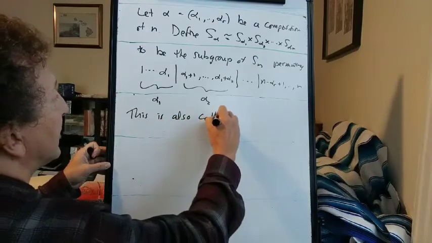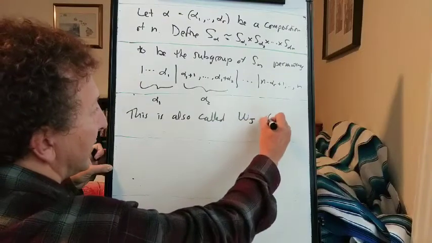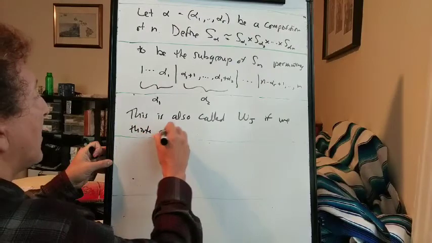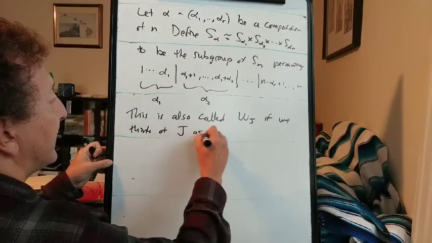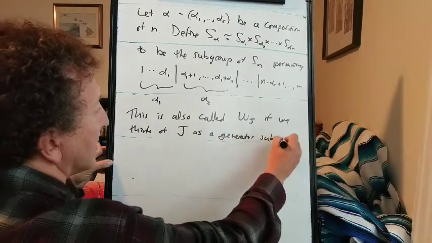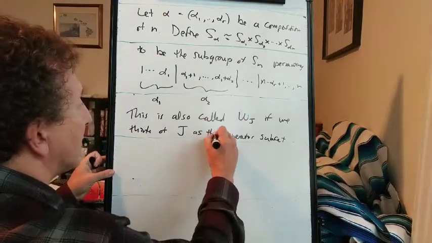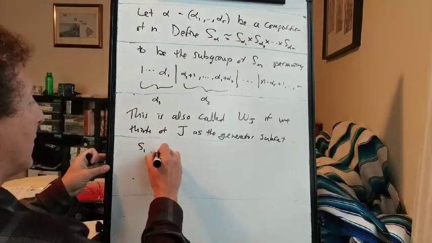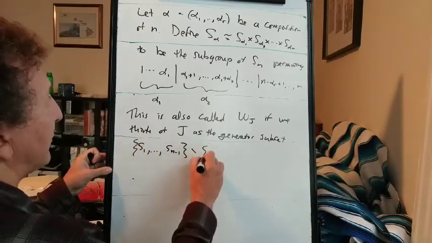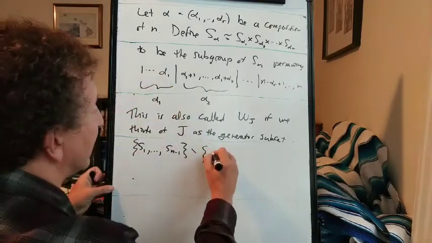This is also called, and probably more often, W sub J, if we think of J as a generator subset, in particular as the generator subset of all of the generators except for the alpha 1 generator, since we can permute everything here.